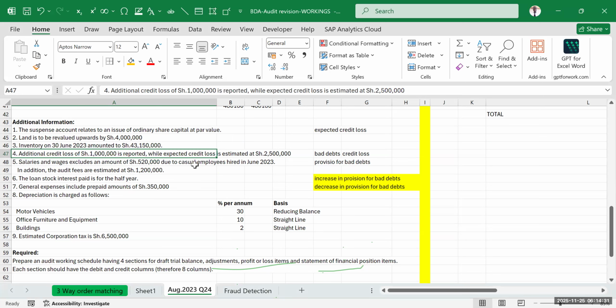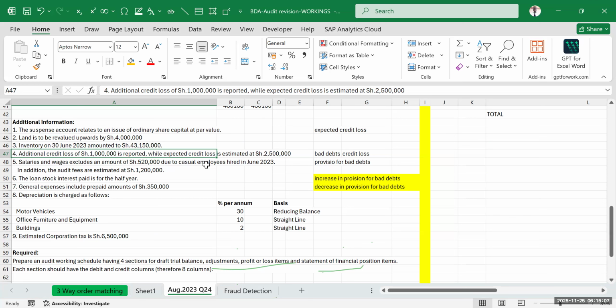They said expected credit loss is estimated at 2.5. Now, expected credit loss is the same as provision for doubtful debts. Some people call it provision for bad debt, which is still okay. Where do we normally post provision for bad debt? In the income statement, and as an adjustment, we have to adjust it accordingly.